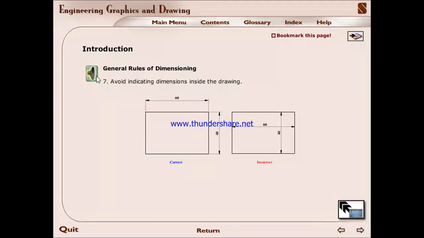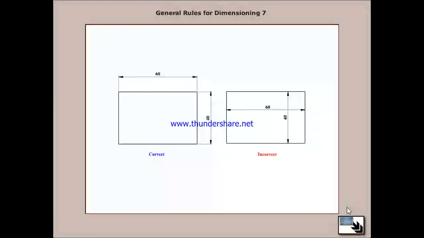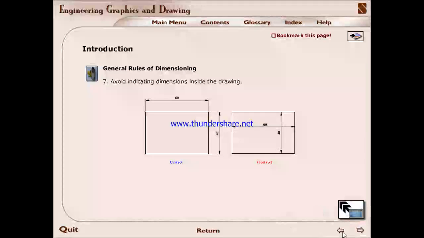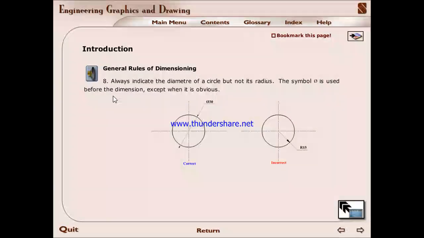Avoid indicating dimensions inside the drawing. Always indicate the diameter of a circle, but not its radius.